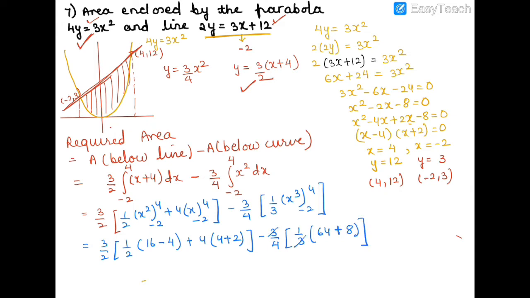So this 3 and 3 is going to get cancelled. You should know 64 plus 8 is 72. This part is 72. So I can definitely cancel it off. And now I'm going to get 3 by 2. 16 minus 4 is 12 divided by 2 is 6 plus. And 4 plus 2 is 6 4s are 24. When I write like this, it is a detailed explanation.